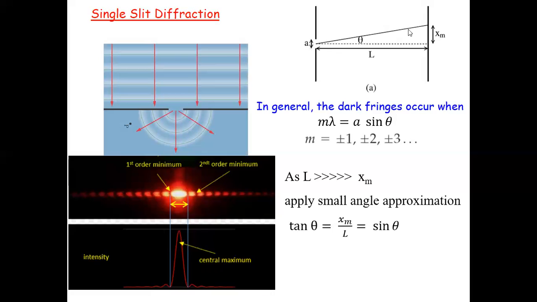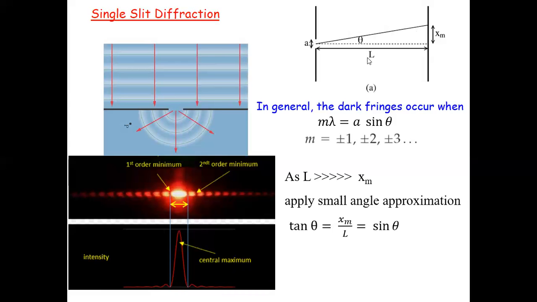But here, as L is really, really larger than xm, we can make an approximation that sine theta is also equal to xm over L. Imagine this is really, really long, so this value gets smaller and smaller comparatively. The hypotenuse is about the same as L. So we're going to make that approximation.